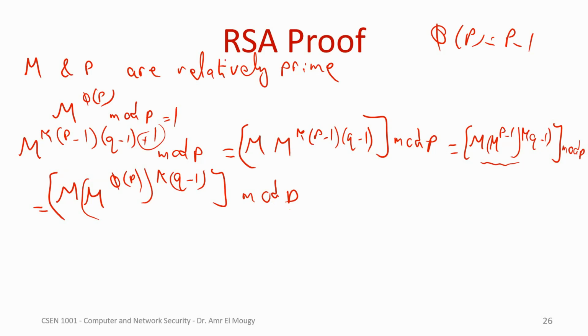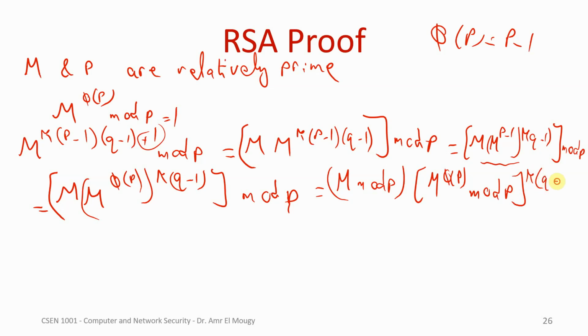Now, what does this boil down to? Just use the properties of mod. This can be rewritten as m mod p multiplied by m phi p mod p, and just bring the power outside to be k(q-1). m power phi p mod p is, according to Euler's theorem, equal to 1.